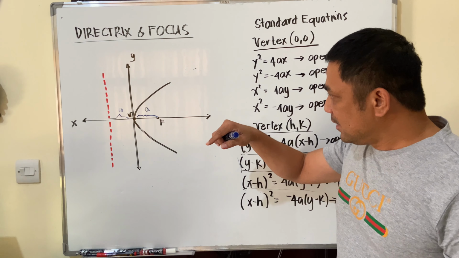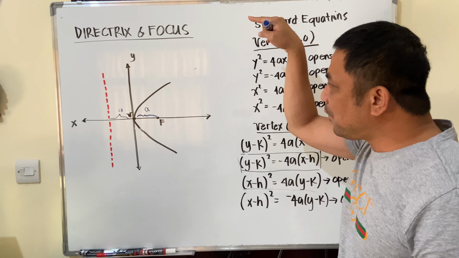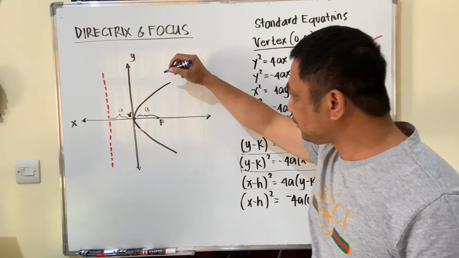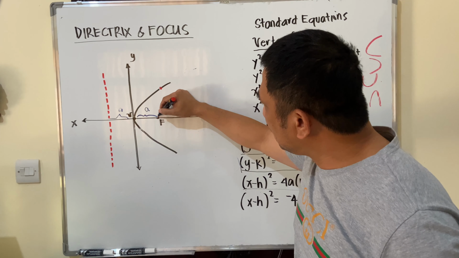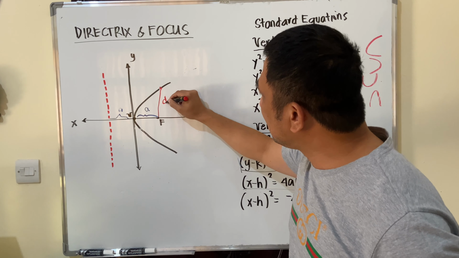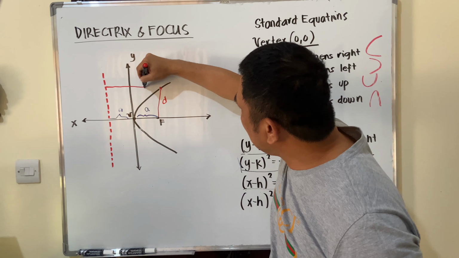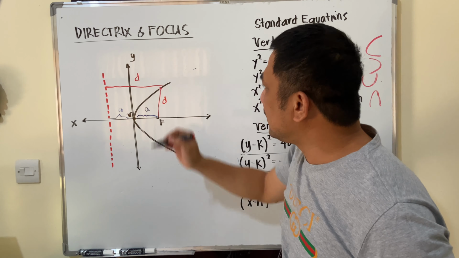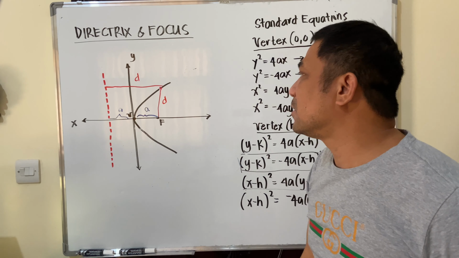In other words, if you select any point on your parabola, say we choose this point here, and you connect your focus to that point, say this is distance d, and from this point to the directrix, this is equidistant, so the distance is also d.